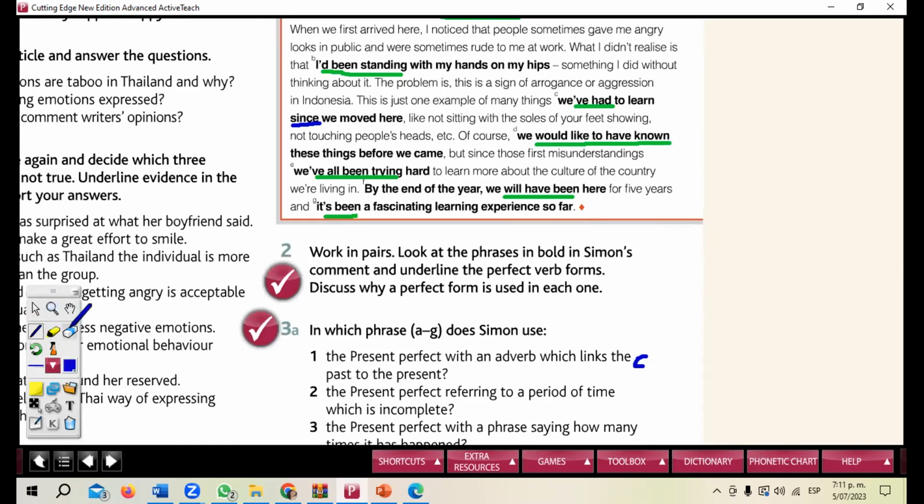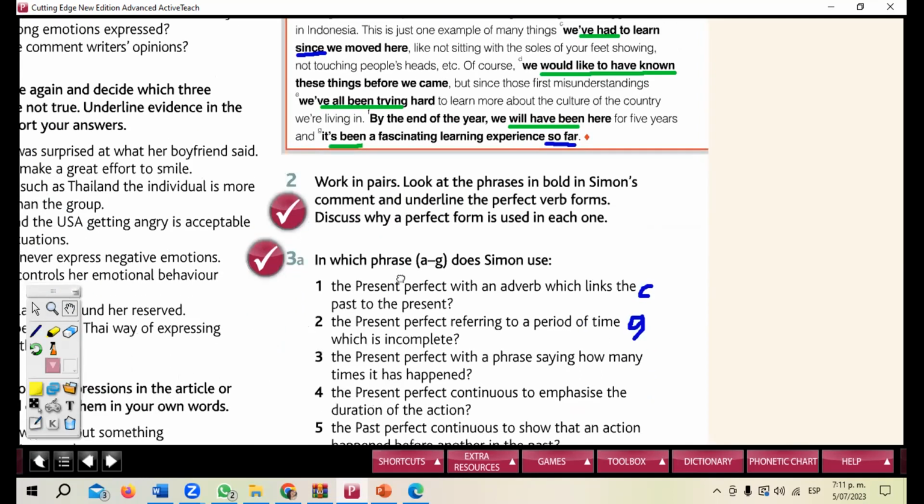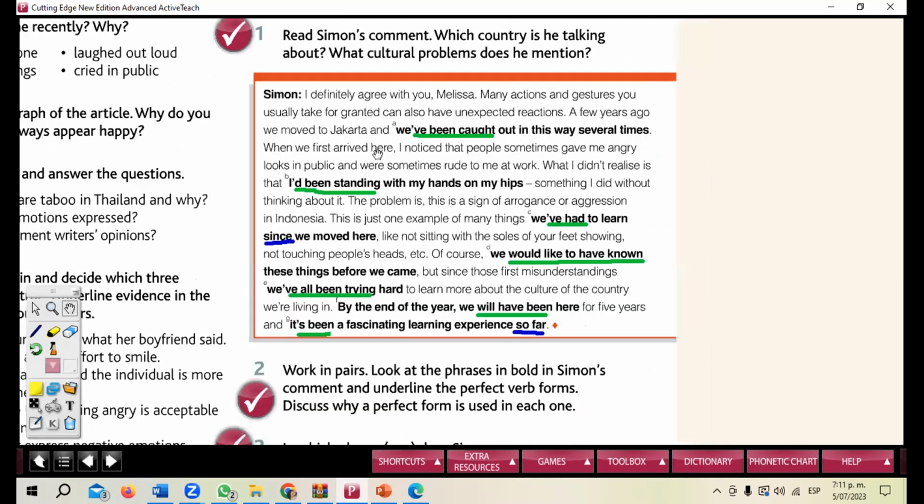Yes, it's G. The answer is, I will put here, it's G. We have "so far", hasta ahora, okay? So it's not complete. It continues. Good. Number 3, the present perfect with the phrase saying how many times this has happened. A. Yes. Very good. Yes, Julian, A. We've got this way several times.